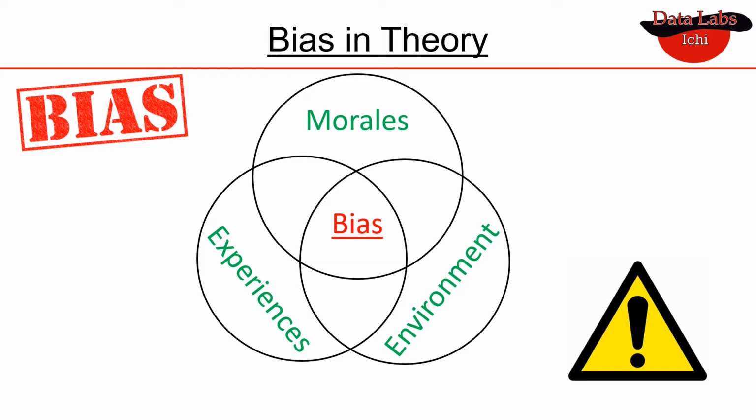Well, because morals and environment are not completely separate. Something connects those together to help influence that bias. The same with experiences and environment. And then the same for experiences and morals. They are all connected to help create what your biases are.